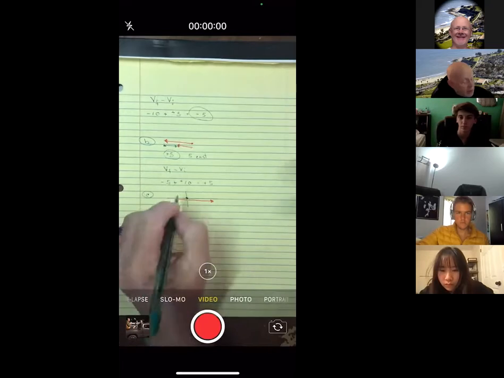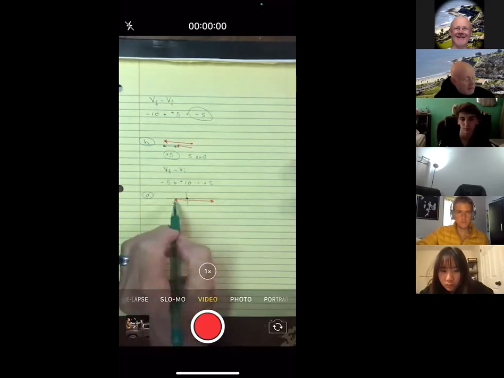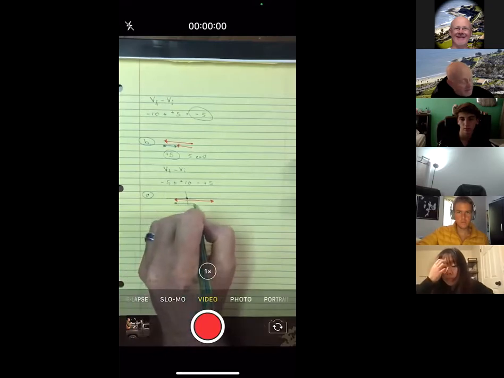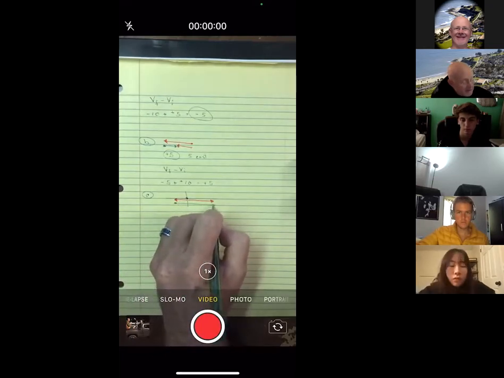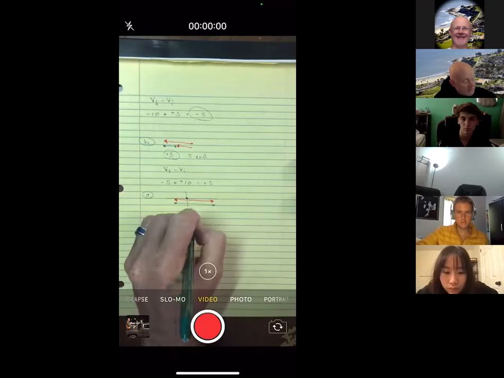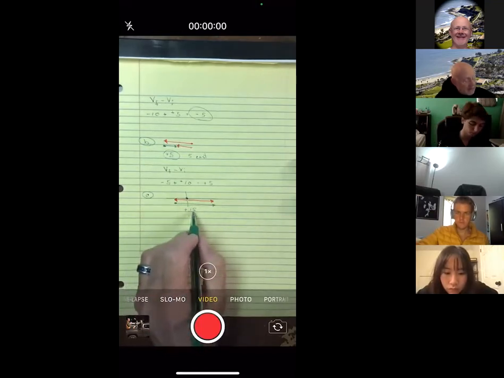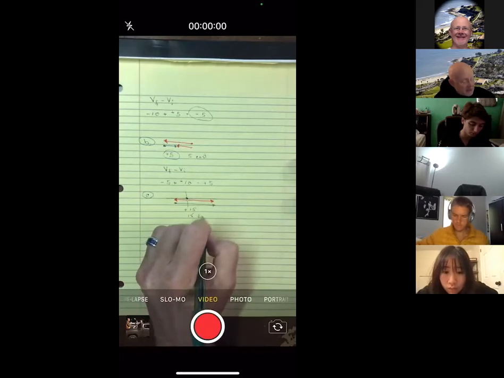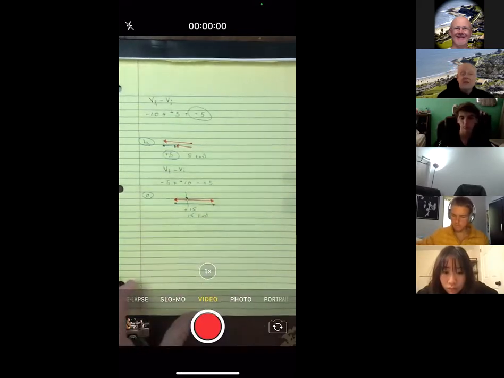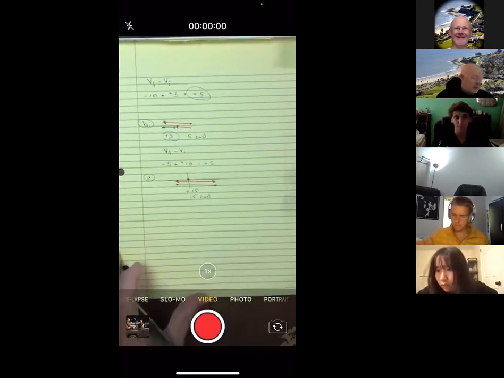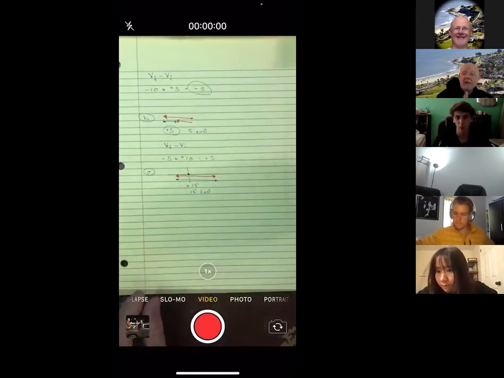So if I were to draw an arrow from the end of the first one to the end of the second one, I would be drawing it a length of 15, and it would be to the east. And so the change there is a +15.